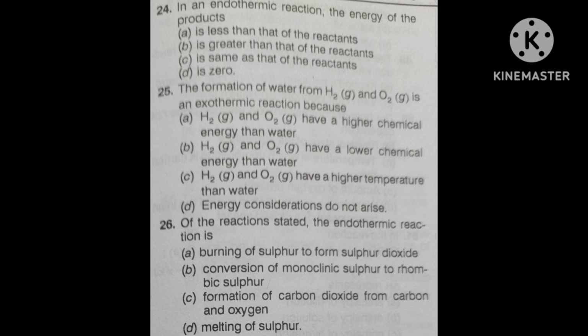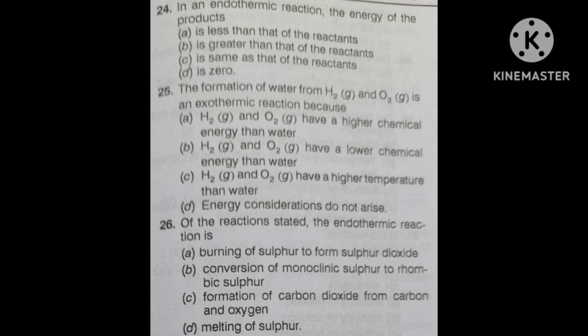Now next question. An endothermic reaction is allowed to take place rapidly in air. The temperature of the surrounding air: first option, increases; second option, decreases; third option, remains same; fourth option, cannot be predicted. Again I am repeating the question.